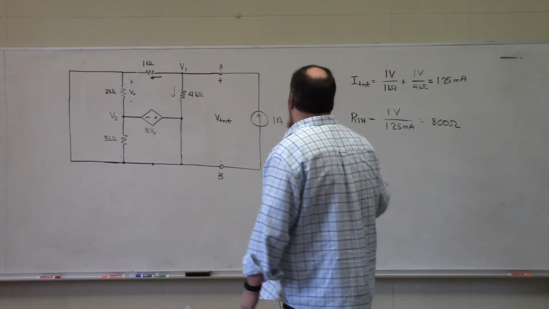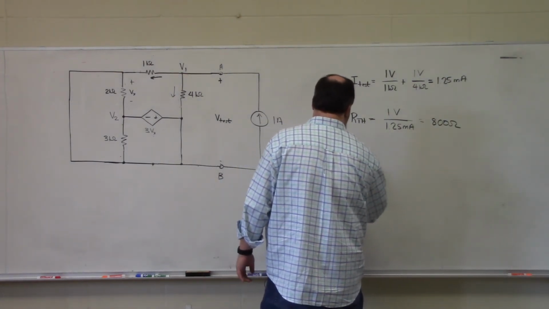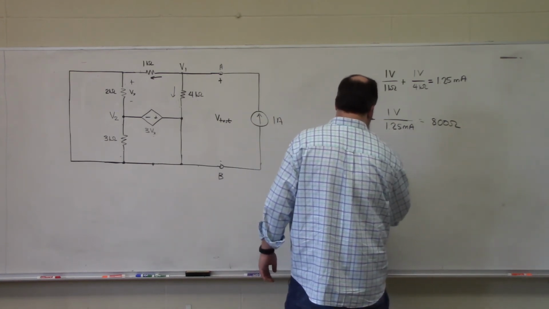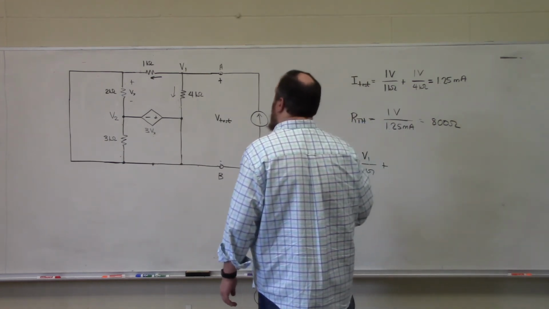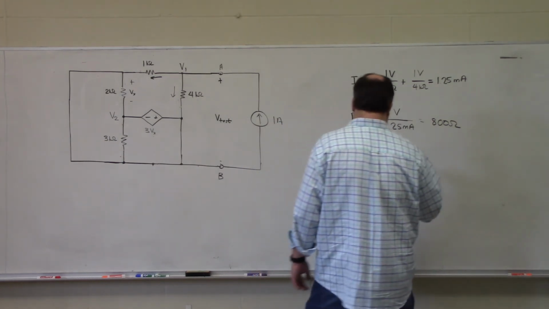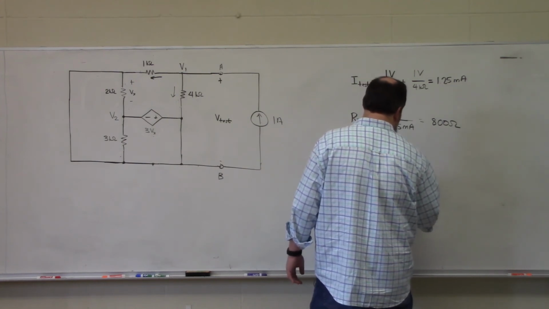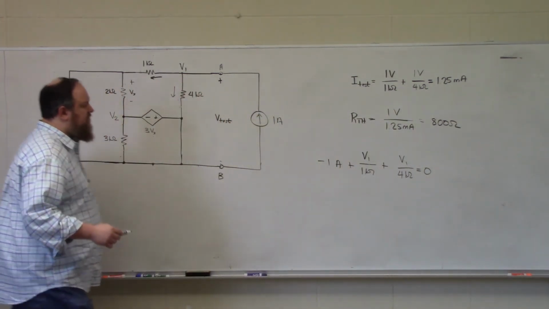At node 1, we have 1 amp entering, so that's minus 1 amp, plus V1 over 1 kilo ohm, plus V1 over 4 kilo ohms is equal to 0. One equation, one unknown. We can solve this for V1.